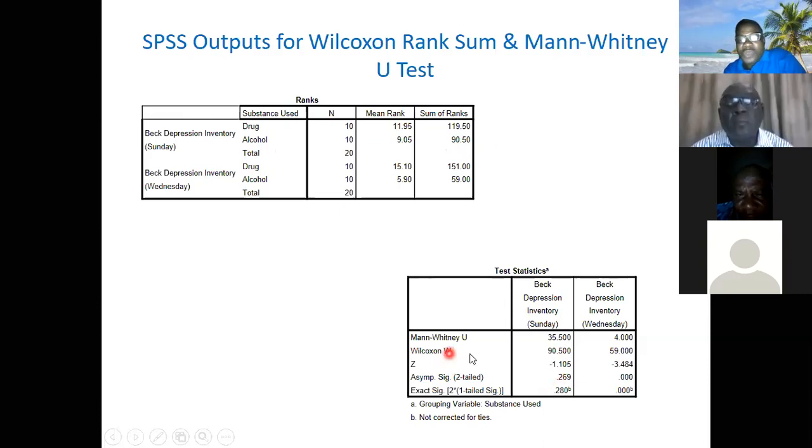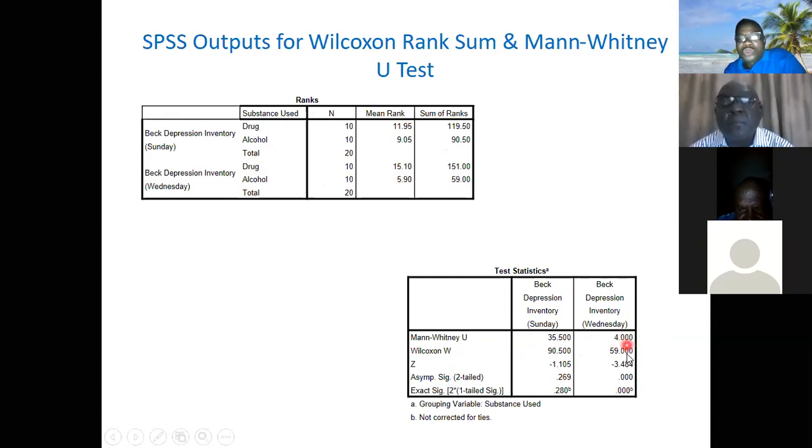Mann-Whitney, from what we calculated for Sunday, is 35.5. For Wednesday, Wilcoxon is 59, and Mann-Whitney is 4.